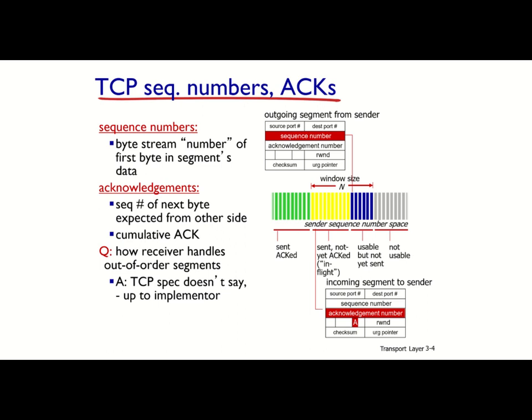The sequence number in TCP is the byte stream number of the first byte in the segment's data. In go-back-N, if you remember, the sequence number counts packets and every packet has a different sequence number, but here every byte has a different sequence number.